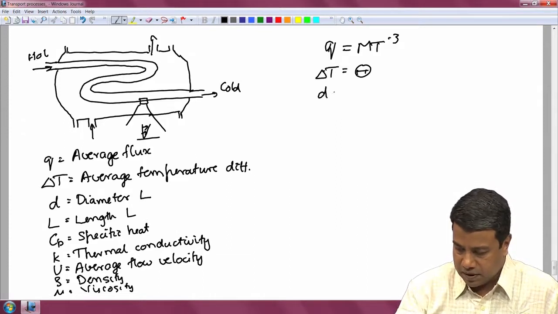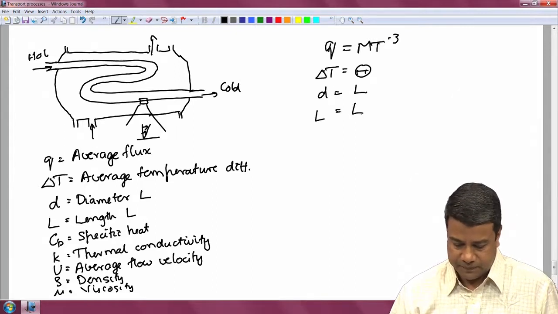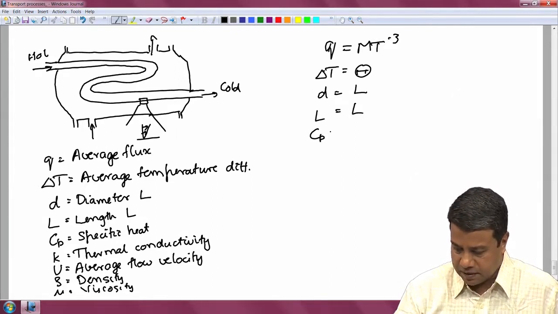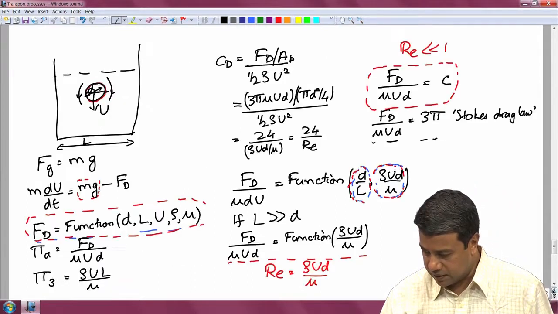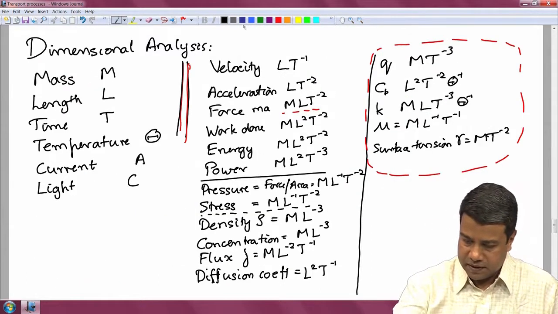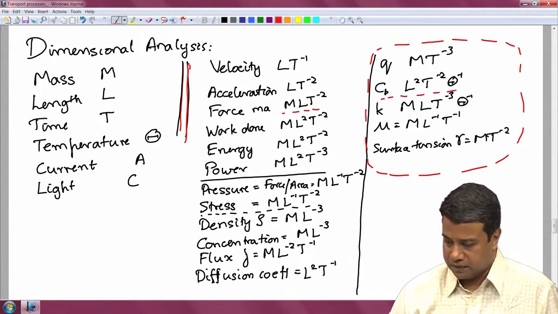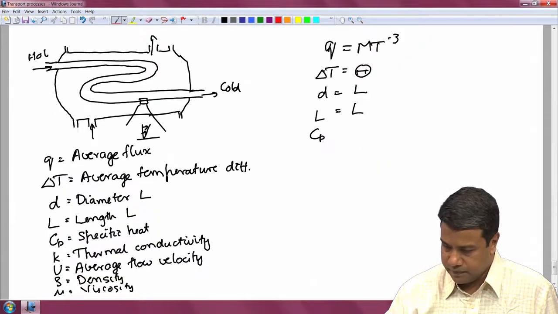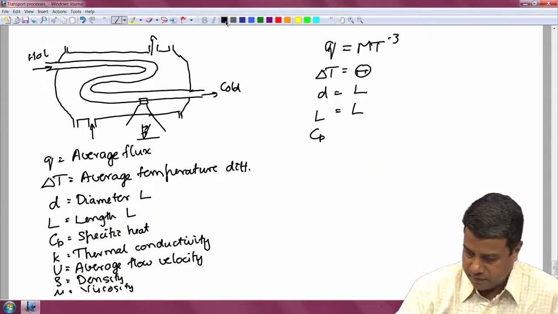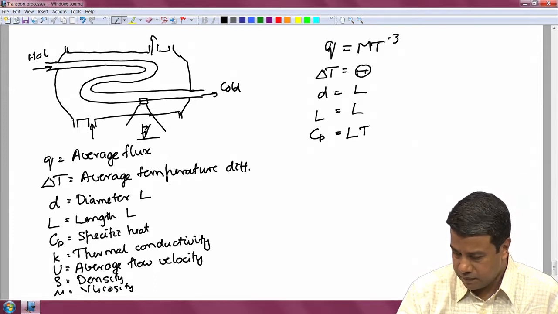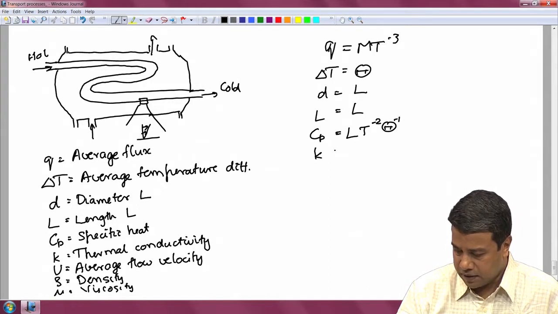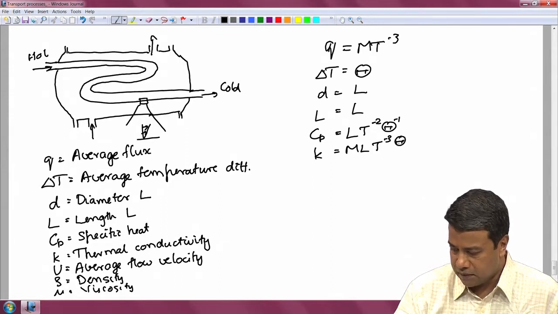The diameter has dimensions of length. The length of the pipe has dimensions of length. The specific heat, if you recall, we had derived that. The specific heat has dimensions of L squared T power minus 2 theta inverse. The thermal conductivity had dimensions of M L T power minus 3 theta inverse.